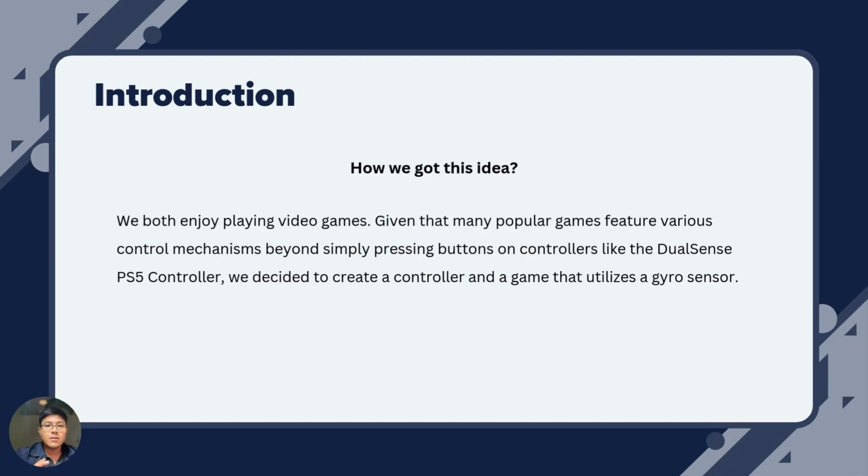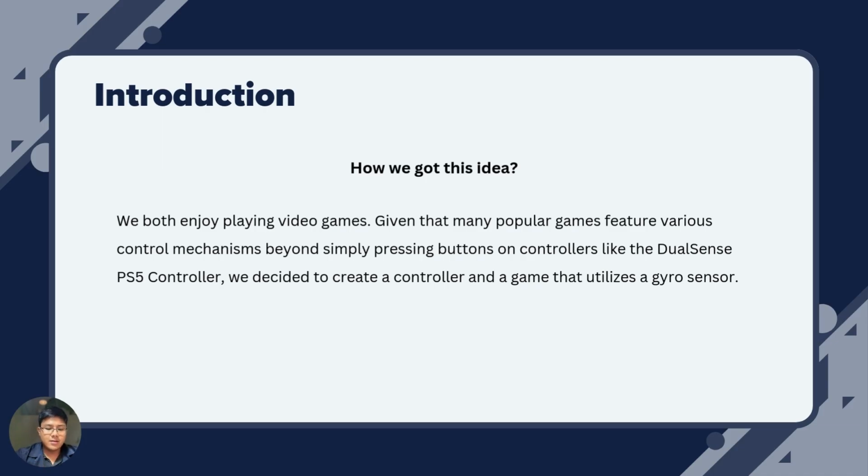There are famous game controllers like the PS5 DualSense, and with that controller you can touch or swipe down or swipe up, or you can even blow into the controller to control the game character in the PlayStation.